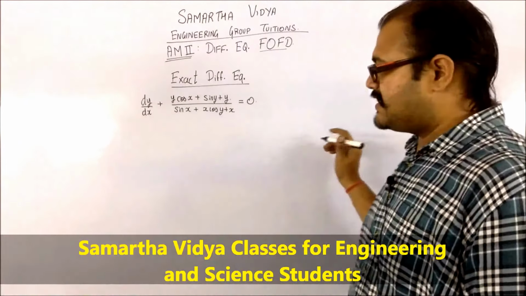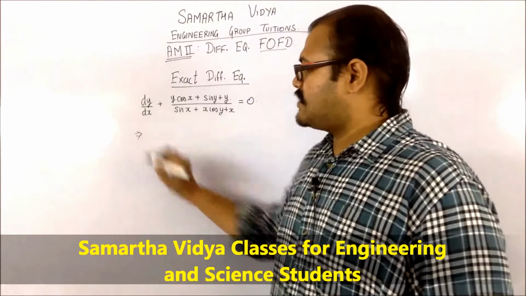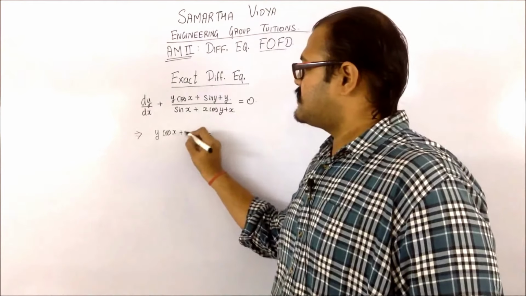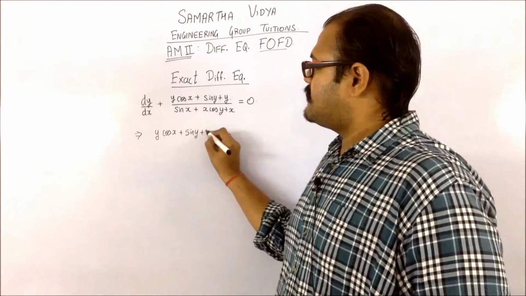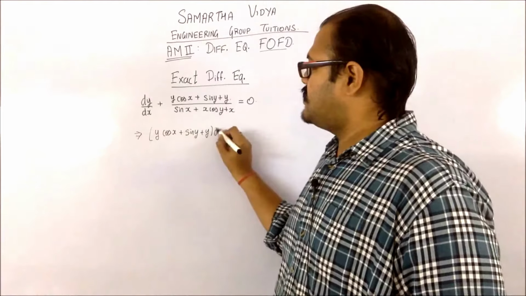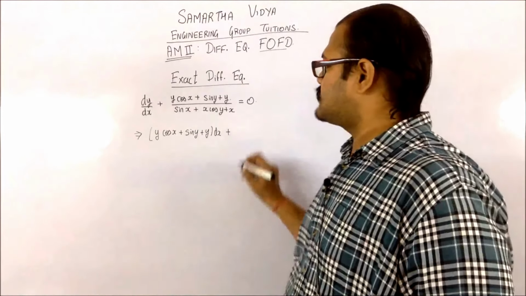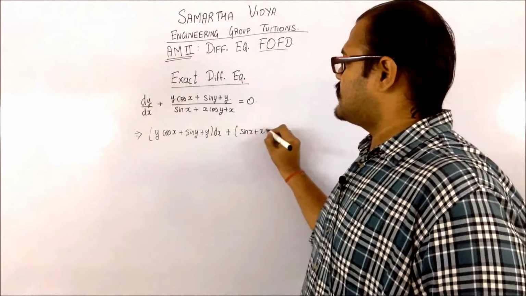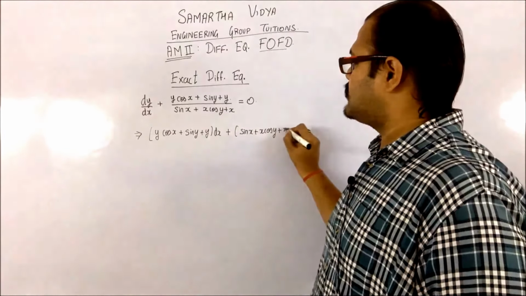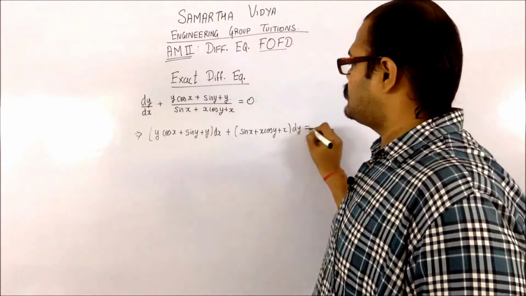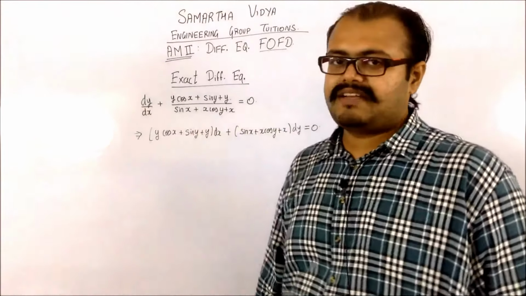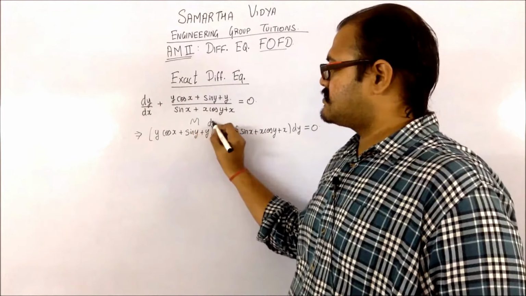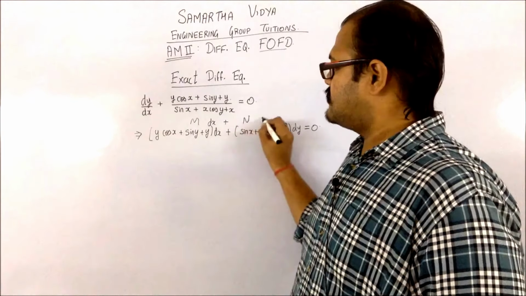Then the equation can be written as (y cos x plus sin y plus y) dx plus (sin x plus x cos y plus x) dy is equal to 0.